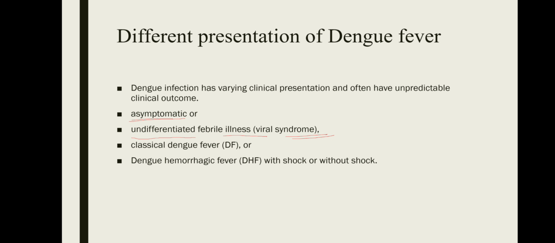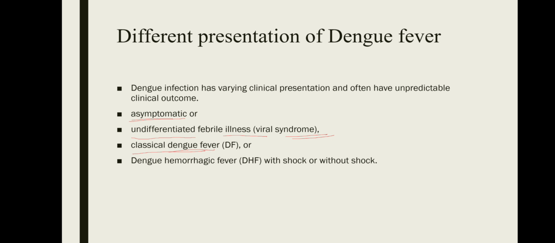Another type of presentation is classic dengue fever, that means high grade fever for up to 5 days, with severe back pain, that means breakbone pain or joint pain, retroorbital pain, rash, along with myalgia and arthralgia. After 5 to 7 days, the fever subsides, and the child may look like a normal child.